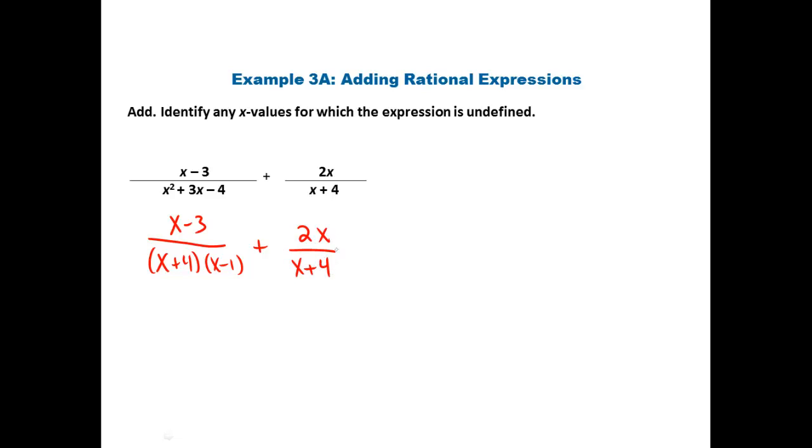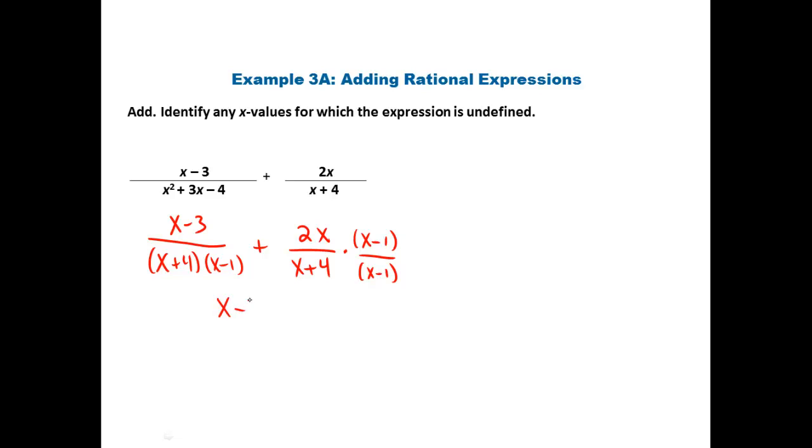We can see that the second fraction needs an x minus 1, so we multiply the top and bottom by x minus 1. Make sure you do the top and bottom, because this is just like multiplying by 1. We're not changing the value of the expression, we're just multiplying it by a form of 1.